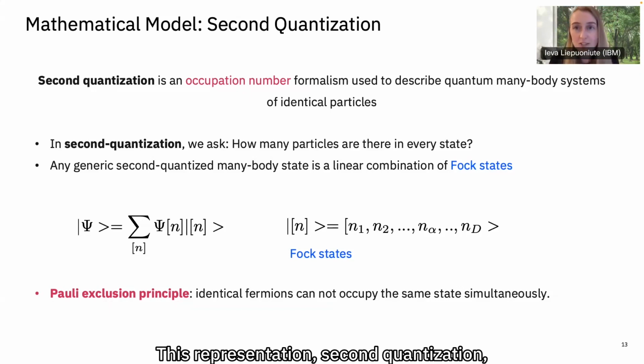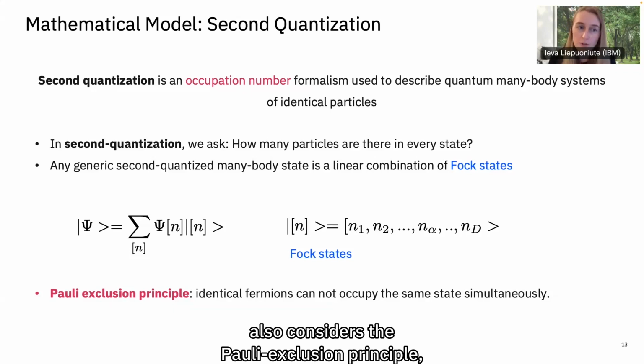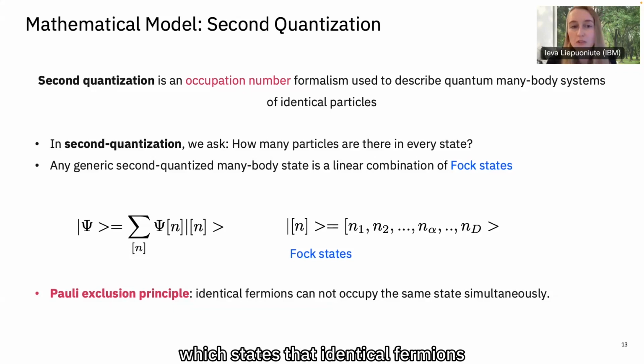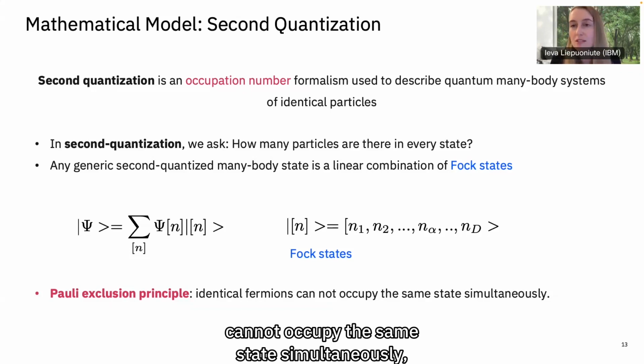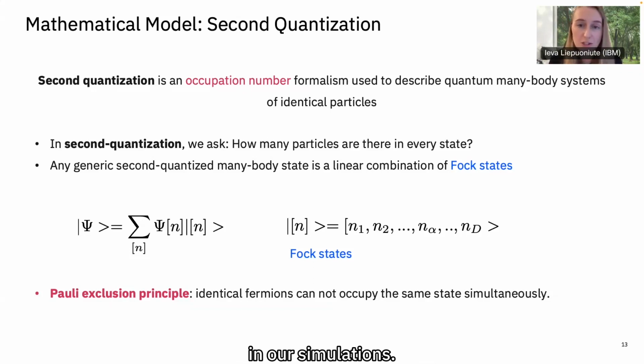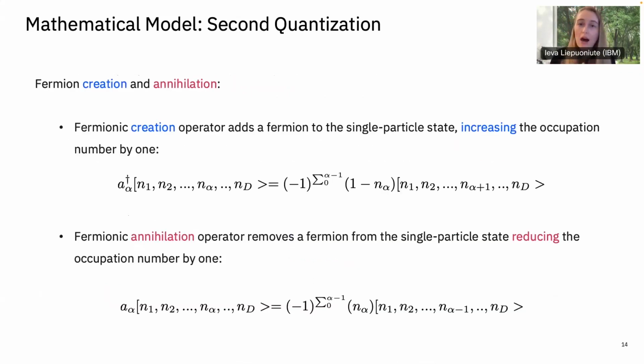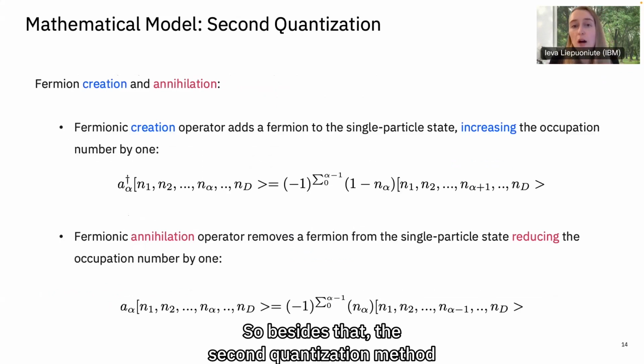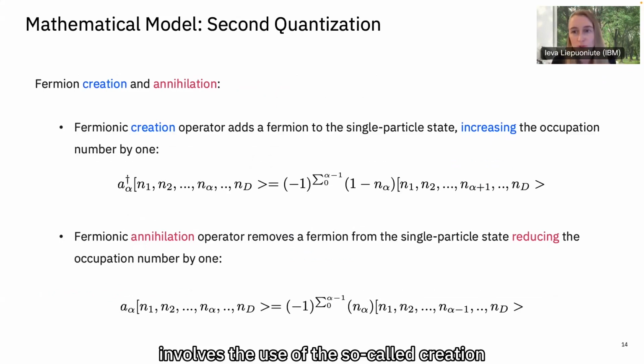This representation, second quantization, also considers the Pauli exclusion principle, which states that identical fermions cannot occupy the same state simultaneously, which applies to the fact that we are considering electrons in our simulations. Besides that, the second quantization method involves the use of the so-called creation and annihilation operators.